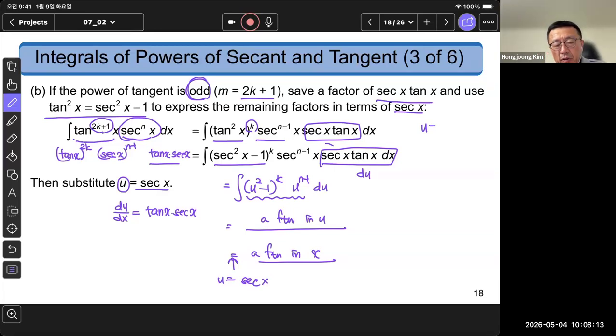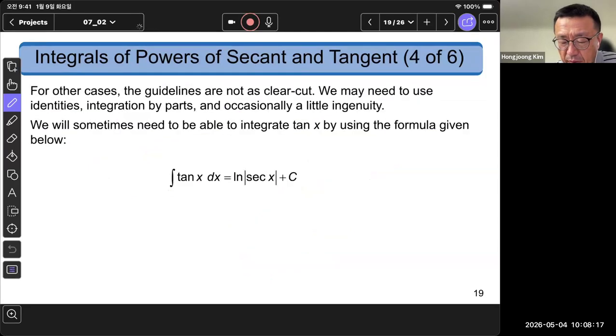But what if these both are not satisfied? For the other cases, the guidelines are not as clear cut, and you may need to use identities, integration by parts, or occasionally certain other formulas.